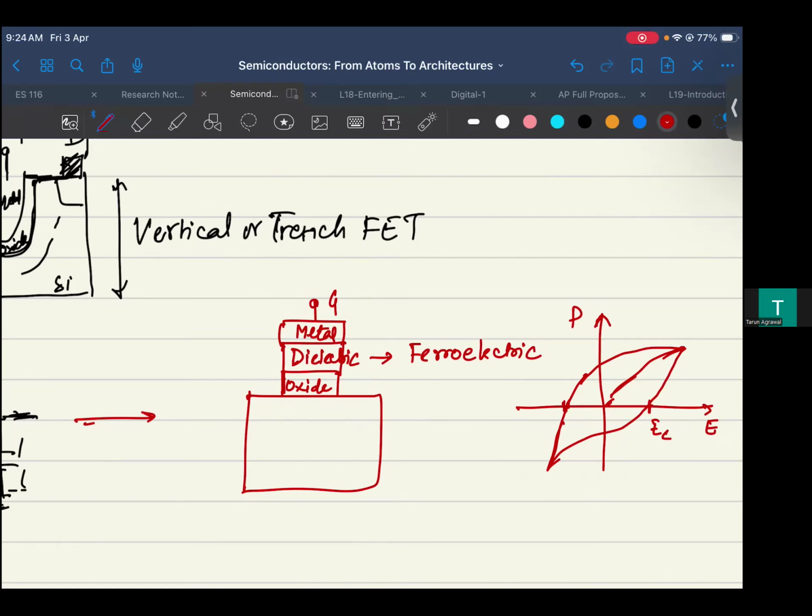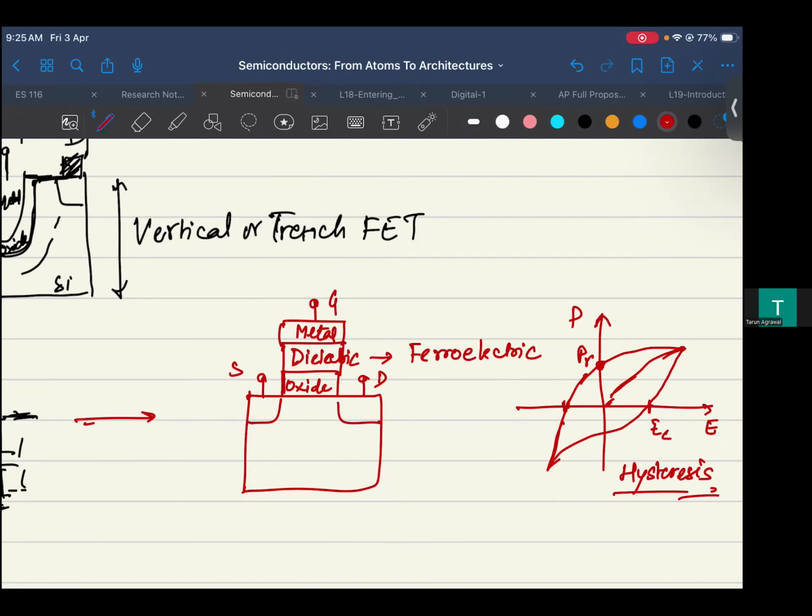Because let's say when you go from there, you write something, now you remove the gate voltage, that means you remove the electric field, you come here, so there is still some polarization left which is coding the information, right? So because of this hysteresis characteristic, I can use it as a memory element. We'll talk about all these transistors in a separate video in detail, because one video does not do justice to them.